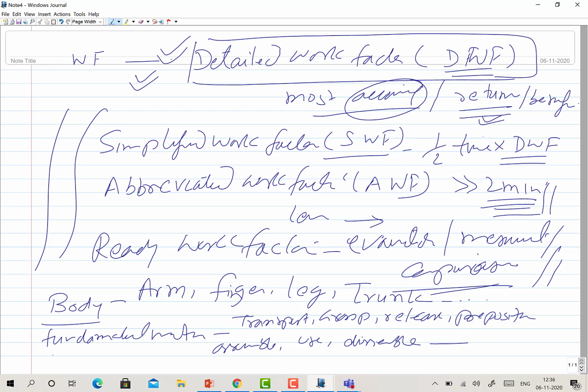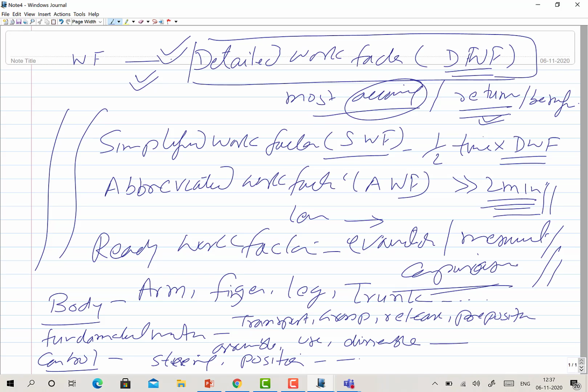Then the degree of control of the body movement involved is like steering, continuous steering, or positioning. Likewise, there are many others. And the distance and weight I have already told. Like the distance to be traveled is 2 inch, 4 inch, 20 inch, like that.